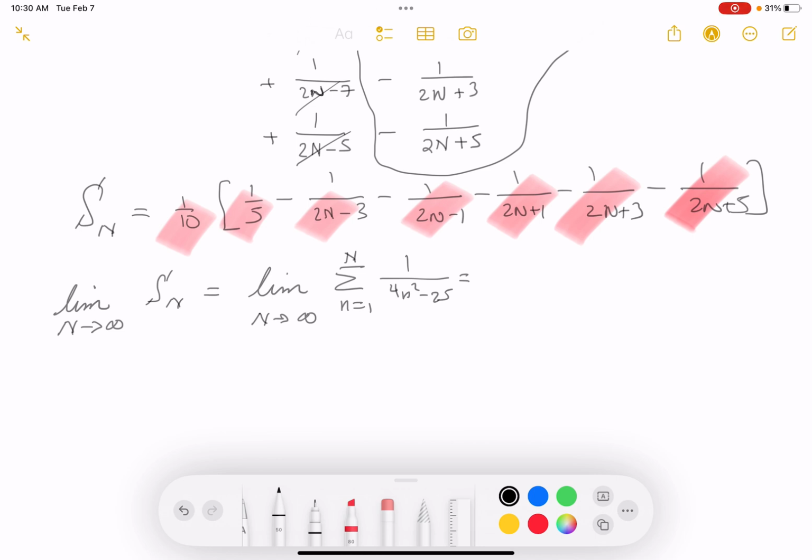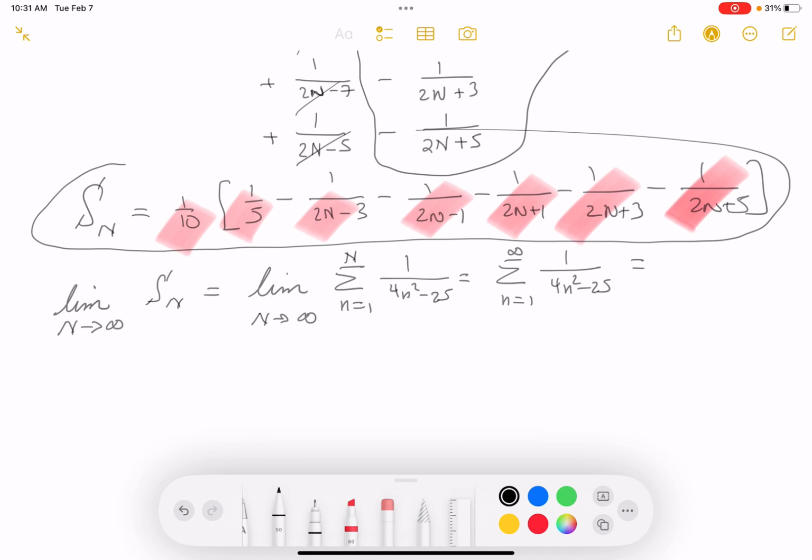And that would be this sum over here, if I can do the limit. And I think you can do the limit. Every single term as n goes to infinity that I checked off there goes to 0. So we're left with 1/10 times 1/5, which is 1 over 50. And that's the sum. Thank you.